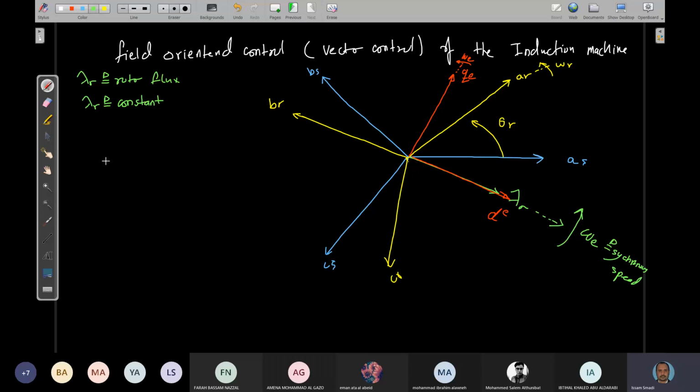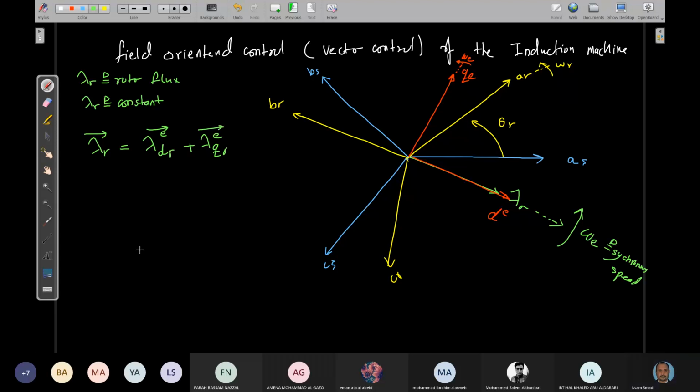Now, in general, you know that lambda r as a vector should be decomposed in two components, which is the lambda dr as a vector plus lambda qr as a vector.